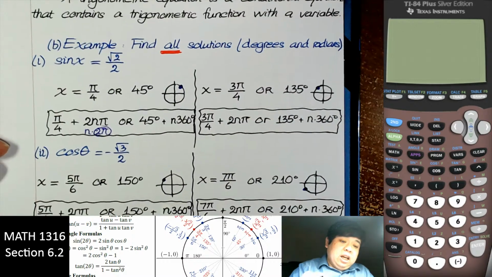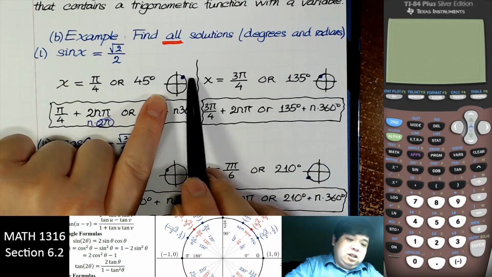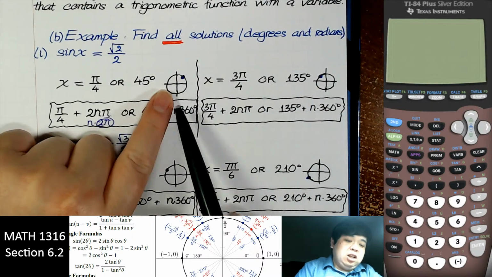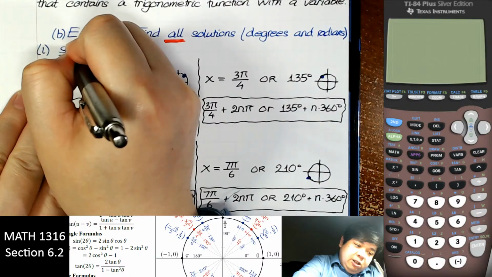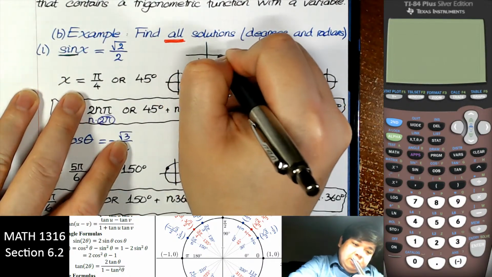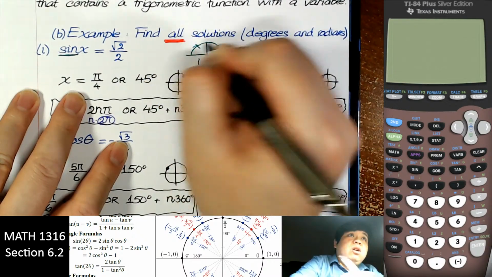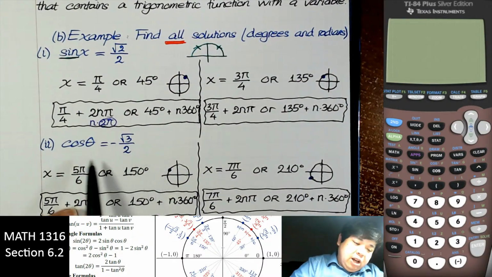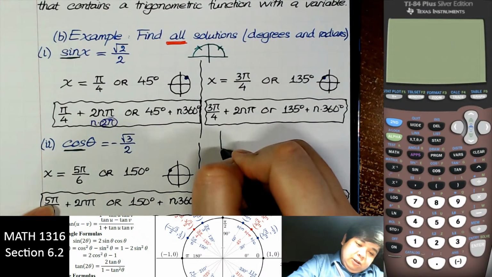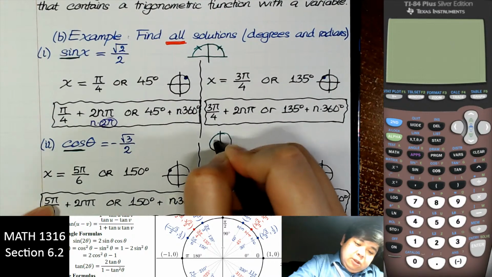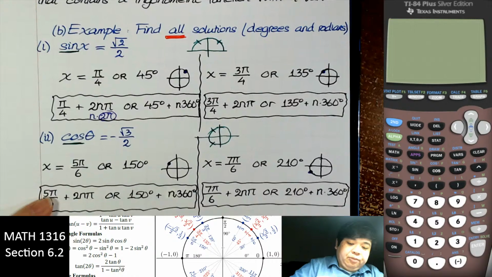The second one, in general, for sine, you see the solution is on the opposite side of the y-axis, symmetric on the y-axis. So for sine, the solution is across the y-axis. For cosine, the answer is across the x-axis.